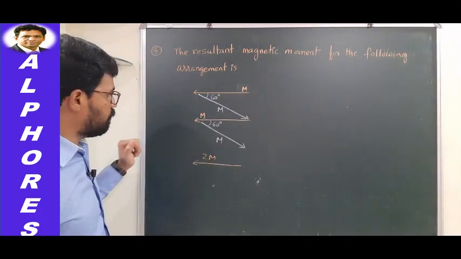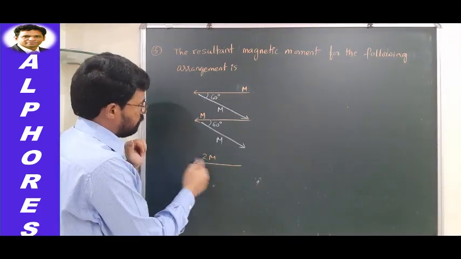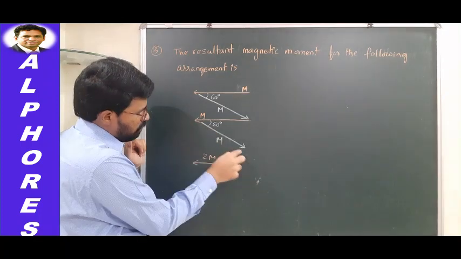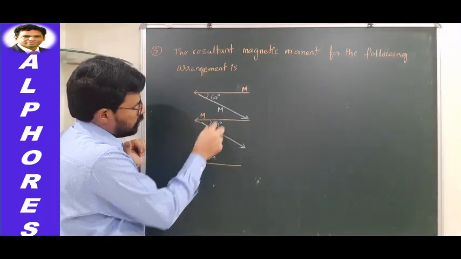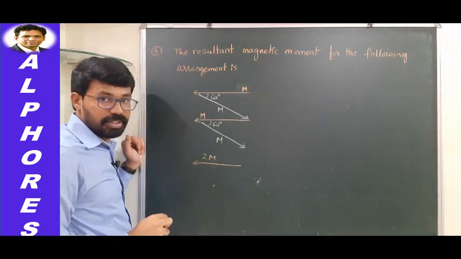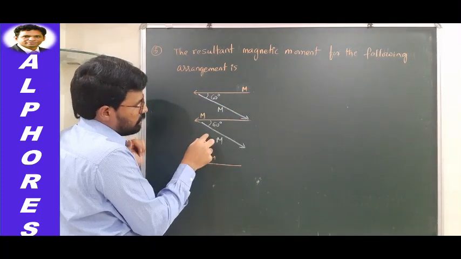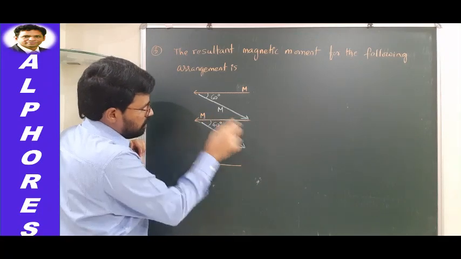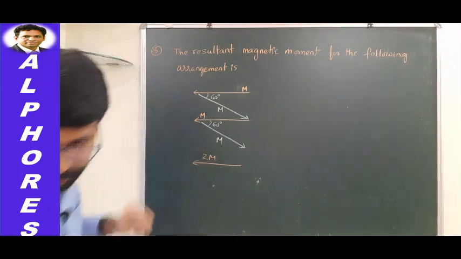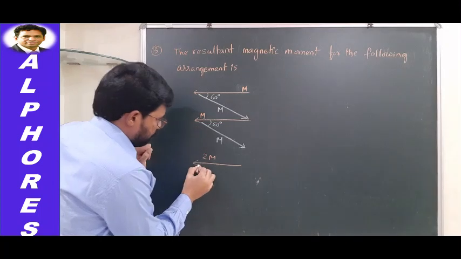So I am representing the resultant in this fashion. Here one m is along this direction, the other m is along this direction. These two are parallel because these two angles are equal, isn't it? So corresponding to these two as well, since they are parallel, the resultant magnetic moment will be 2m in this direction. Okay.